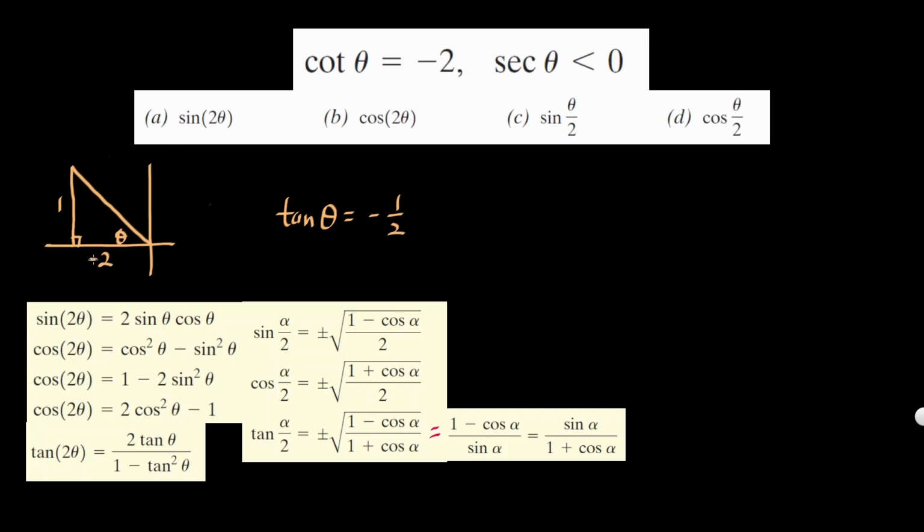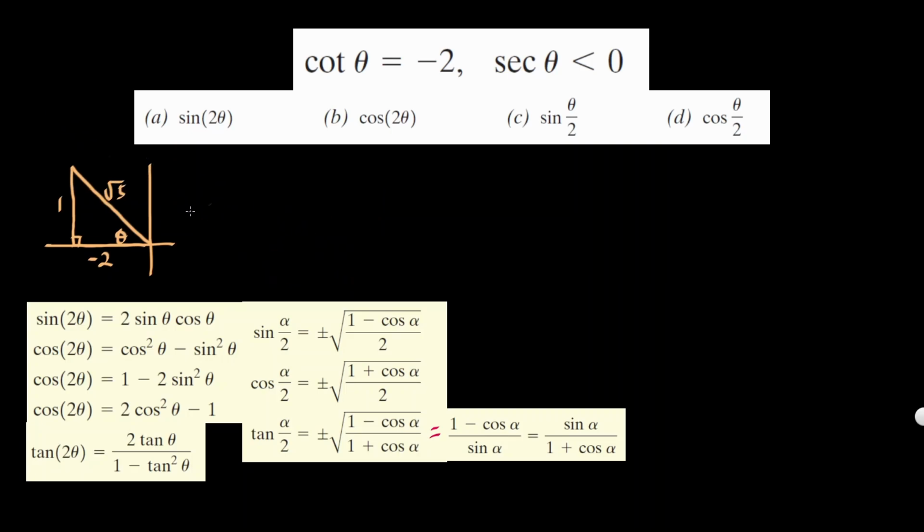Because of this negative, the whole thing is negative because you're going left side here. Okay, so we got that one down. Let's figure out what the hypotenuse is. It's going to be -2 squared, which is 4, plus 1 squared, which is hypotenuse squared. So hypotenuse is going to be square root of 5. Once you complete the triangle, let's go.